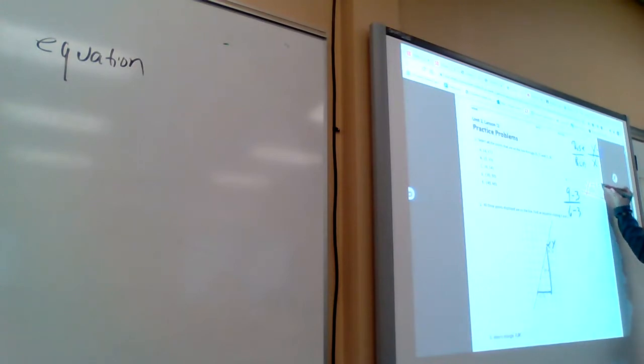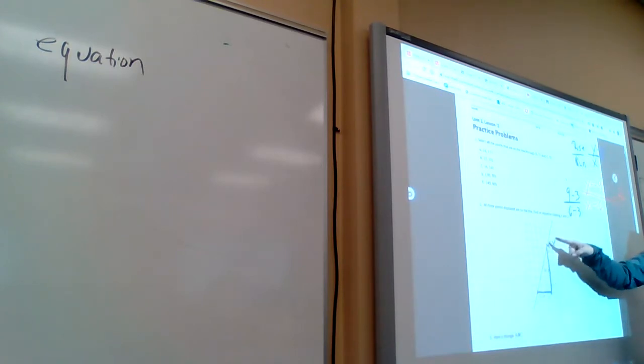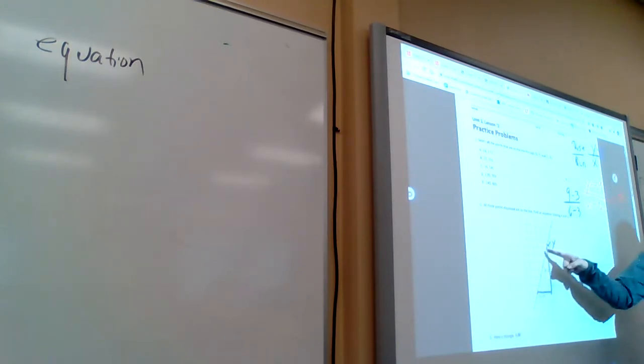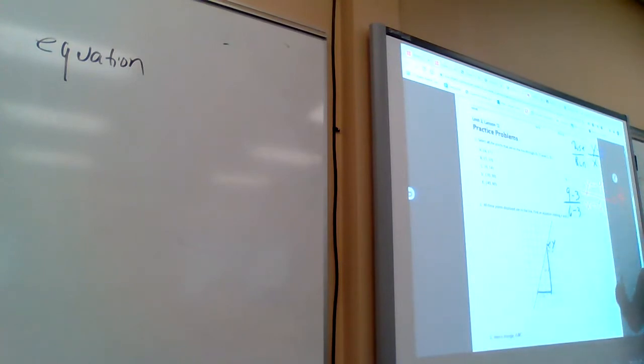Y minus 9 over x minus 6 should equal 2 over 1. You agree? Any point on this line, if we subtract it and found the difference from the point 6 comma 9, it should reduce to 2 over 1.